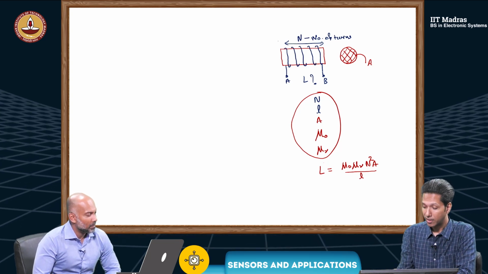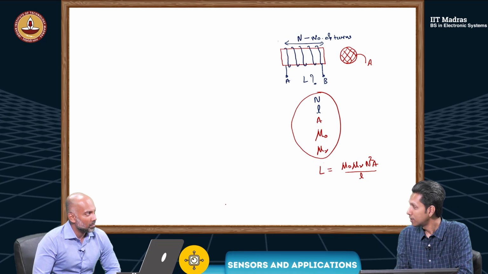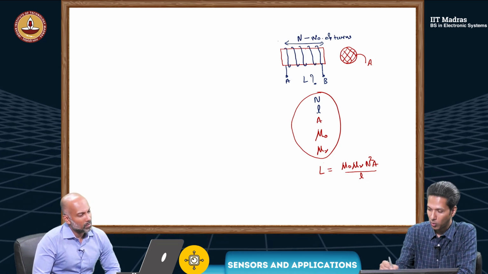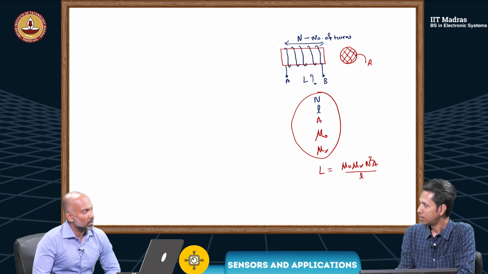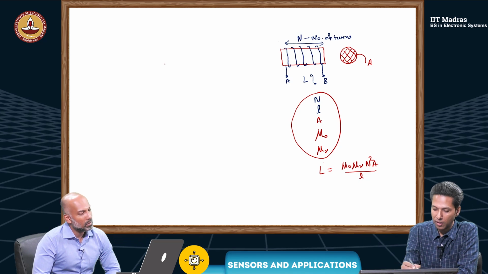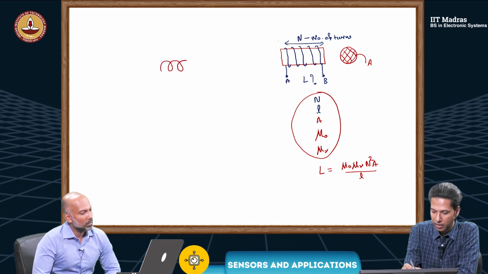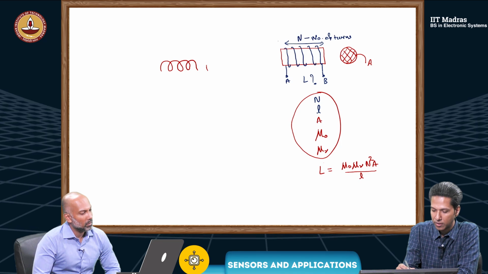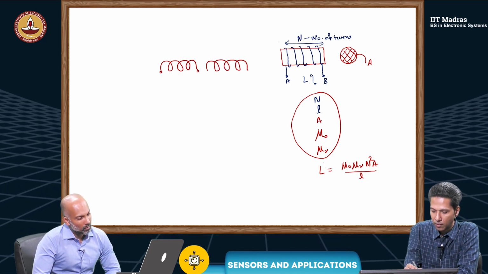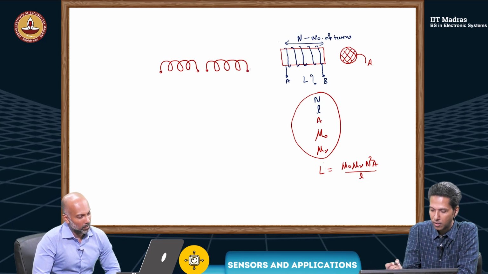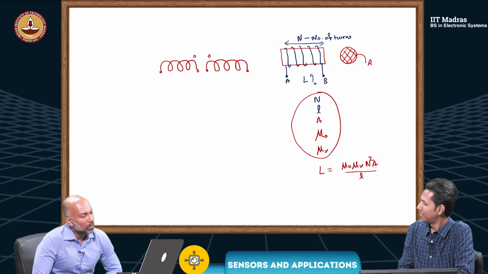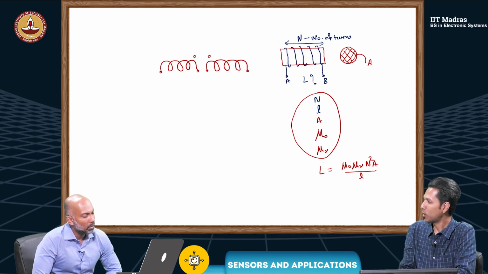Other than inductance, if you have two coils, suppose I have one more of them nearby, let's say two coils next to each other, then sometimes we see some dots in the symbolic representation.